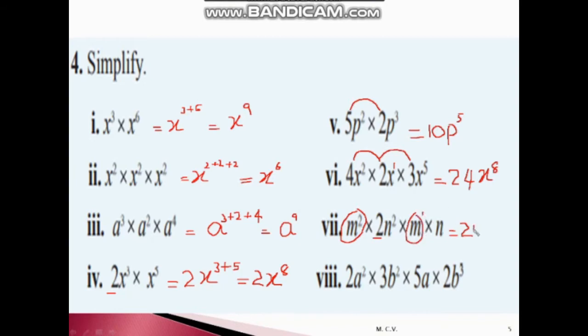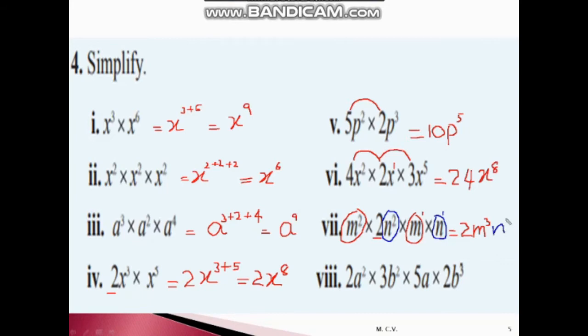Now powers with base n: n to the power 2 and n means n to the power 1. So 2 plus 1, 3, n to the power 3. So 2 m to the power 3, n to the power 3.